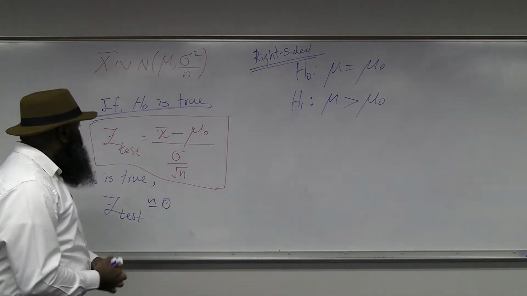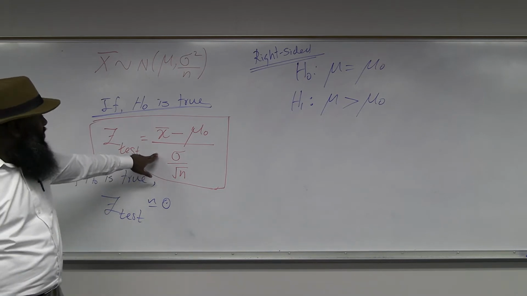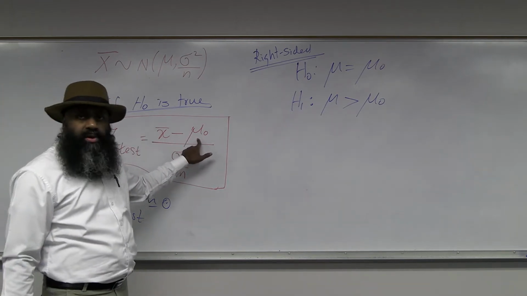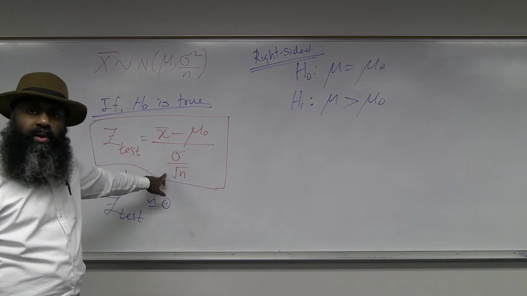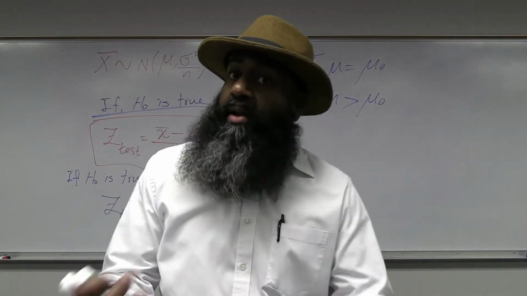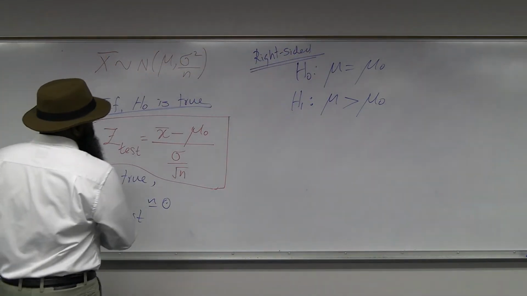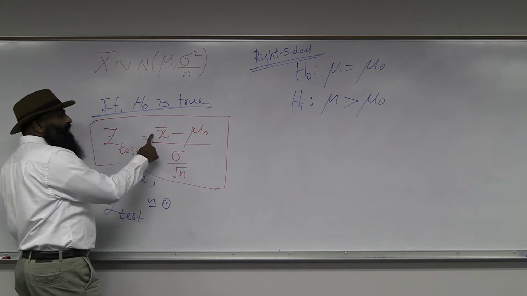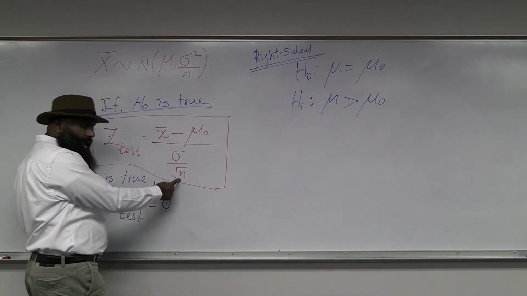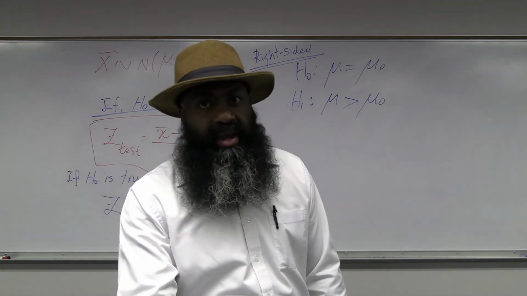The calculation of the z-test statistic is the exact same thing: x bar minus mu 0 all divided by sigma over square root n. And again, you don't have to remember this equation because your calculator has that function. In your calculator, of course, you will have to enter x bar, mu 0, sigma, and n, and then it will calculate the test statistic by itself.